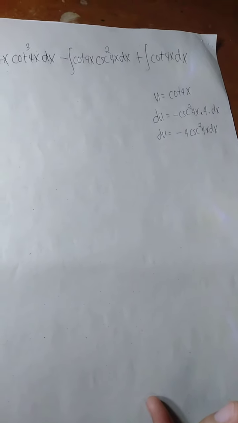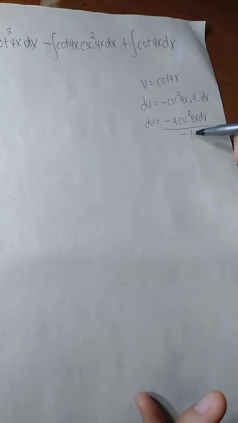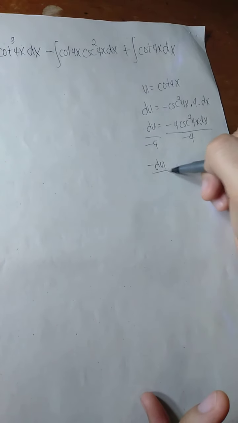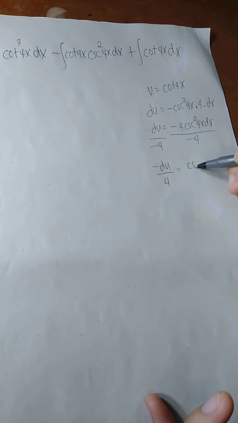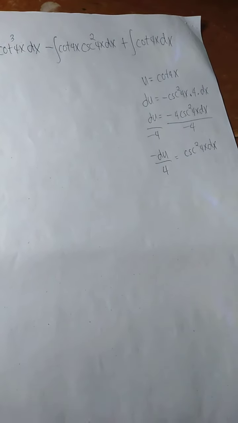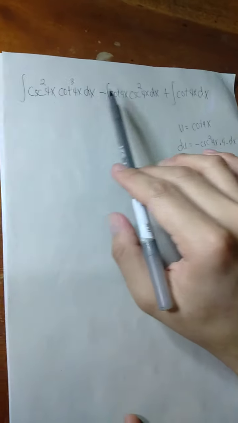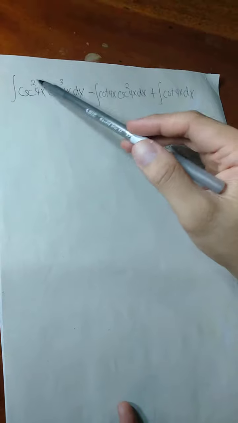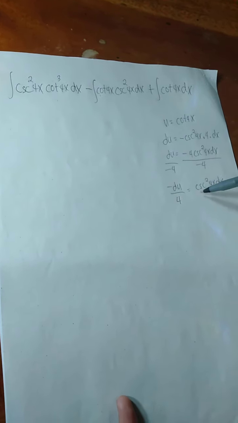And if we divide both sides by negative 4, it becomes negative du over 4 is equals to cosecant squared 4x dx. So we can replace cotangent by u and yung cosecant squared 4x dx ng negative du over 4.